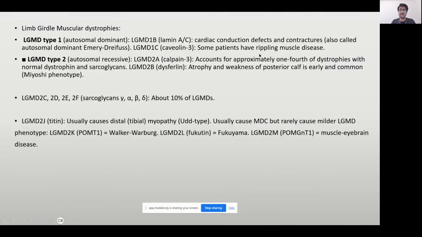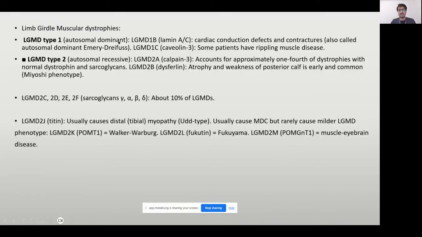If you find time, if you have seen that show, that's fine. Otherwise, just search YouTube for rippling muscle disease, and you will never forget caveolin 3 limb-girdle muscular dystrophy. So basically what happens is the muscles keep on rippling in this patient.